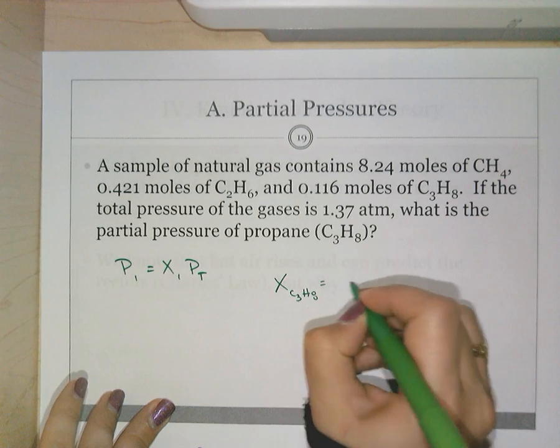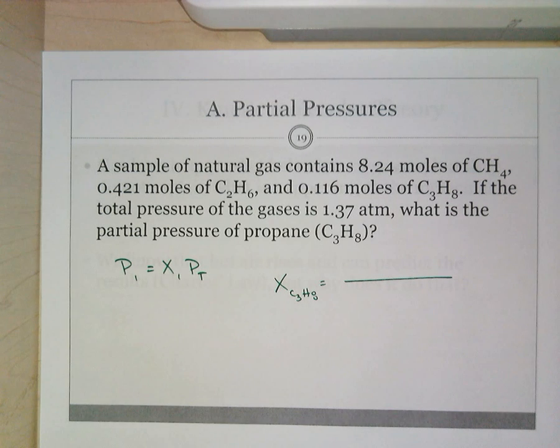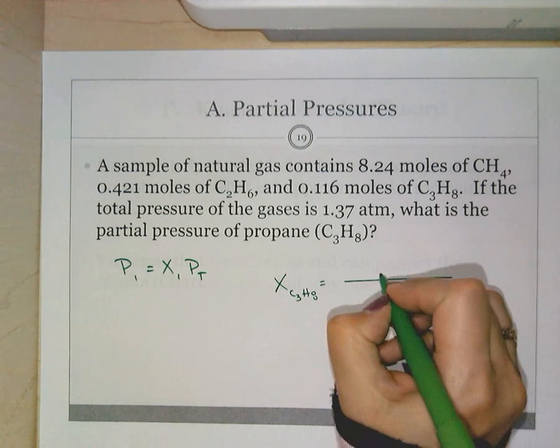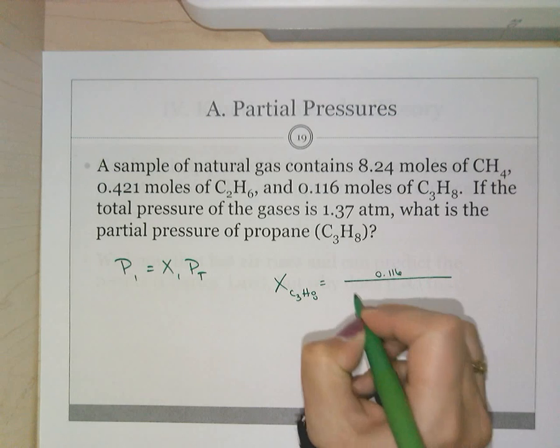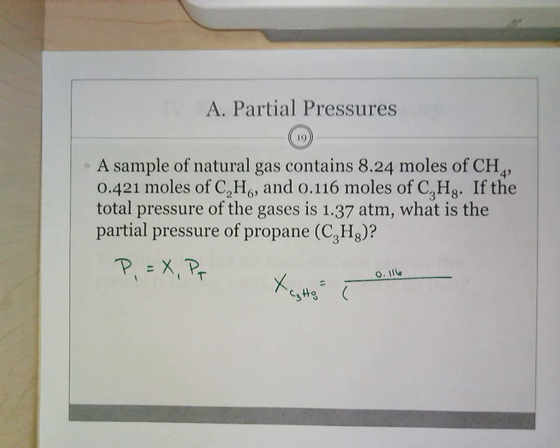So the mole fraction definition was number of moles of the component I want, over total number of moles. So how many moles of just C3H8 are there? How do I figure out how many total moles there are? I'm just going to add them all together.